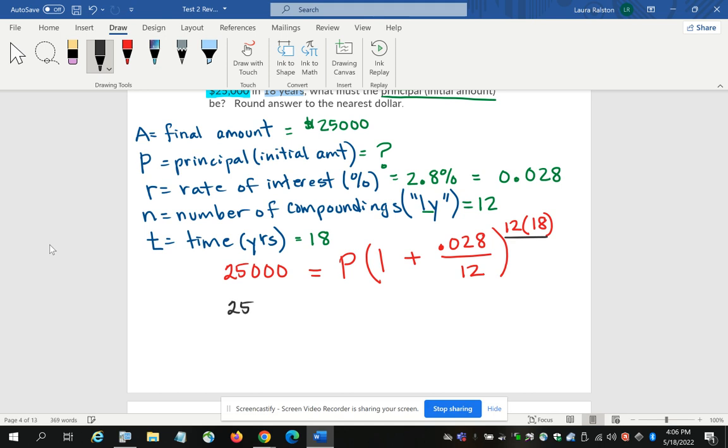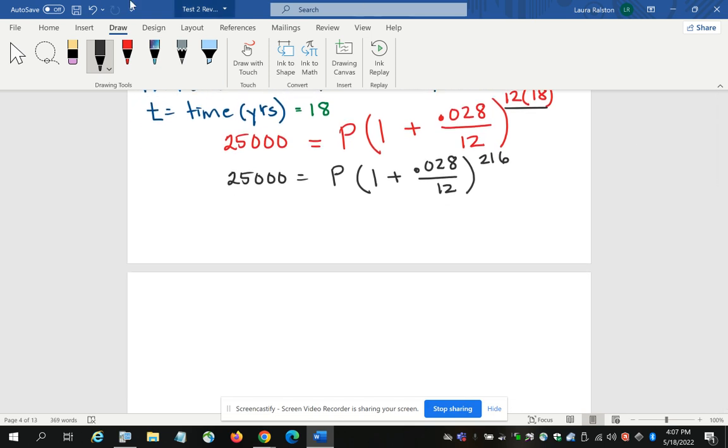So I have 25,000 equals P times 1 plus 0.028 divided by 12 raised, and I'm going to multiply 12 times 18. Again, I definitely want to have a calculator. That's 216.